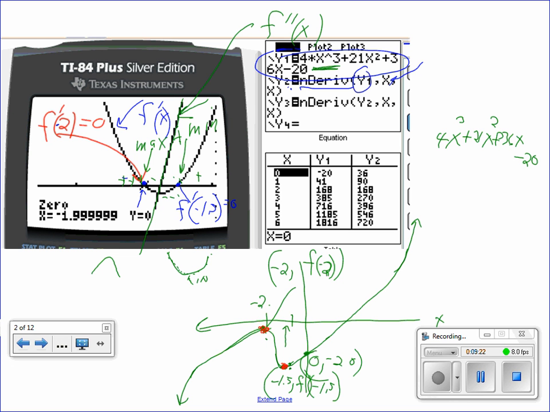Here's my max. Do I have an inflection point? Oh, I got an inflection point right here, right? The inflection point is going to be somewhere right in the middle. You know, there's going to be an IP right here, inflection point. This is a max. This is a min.